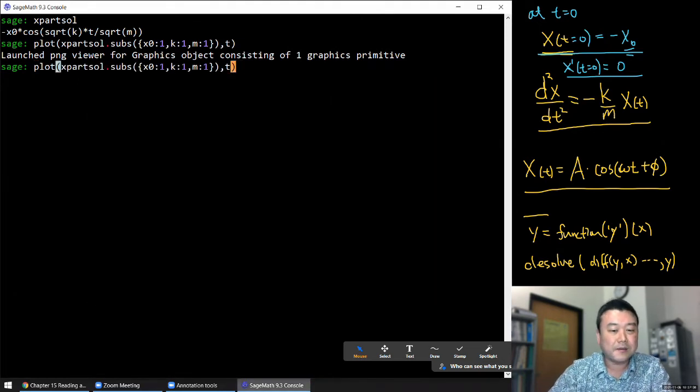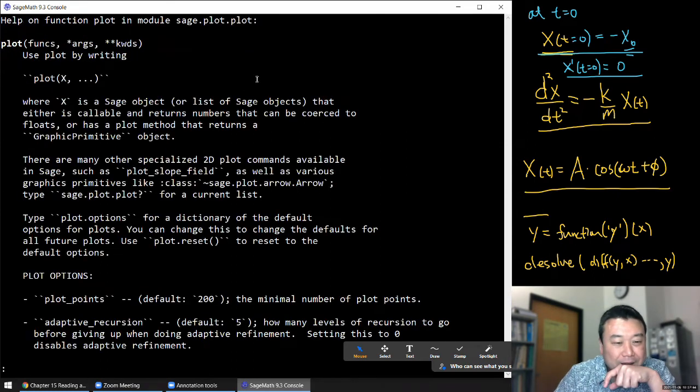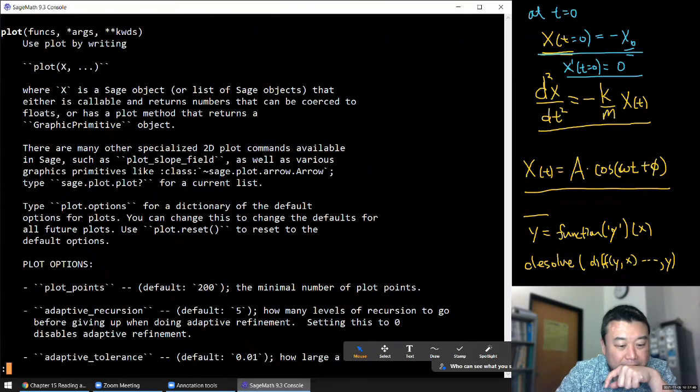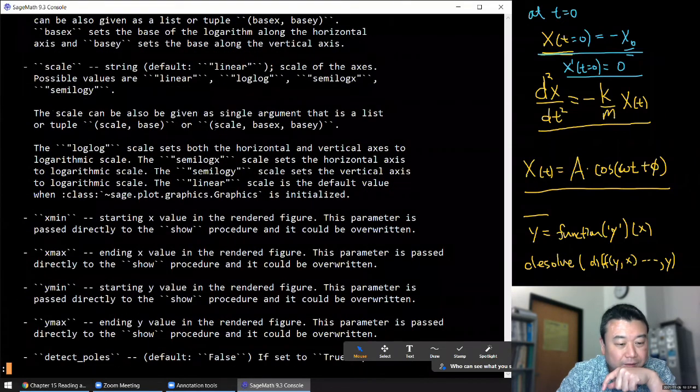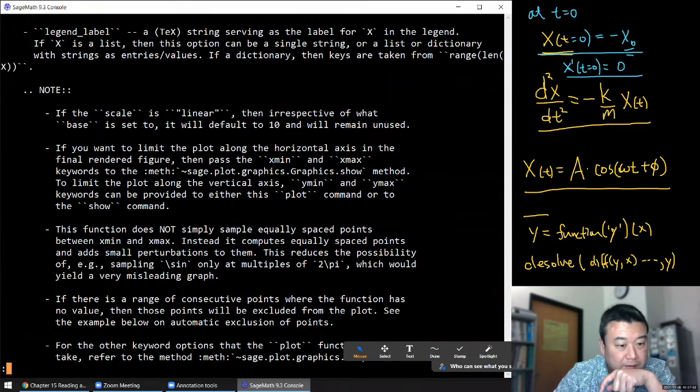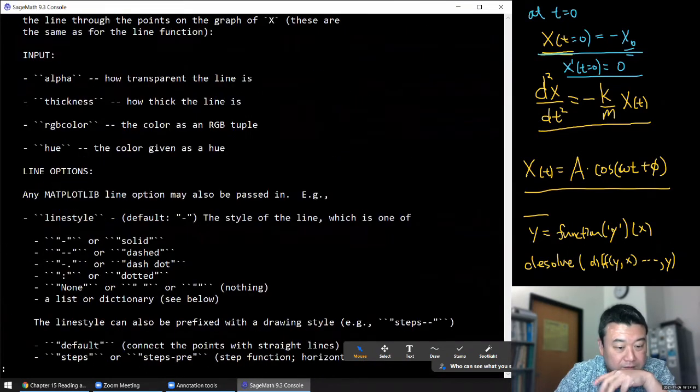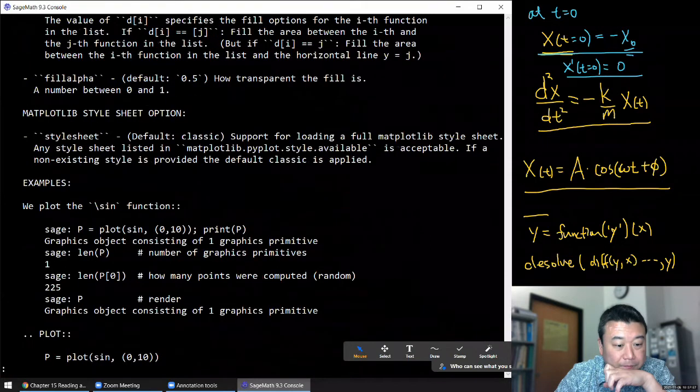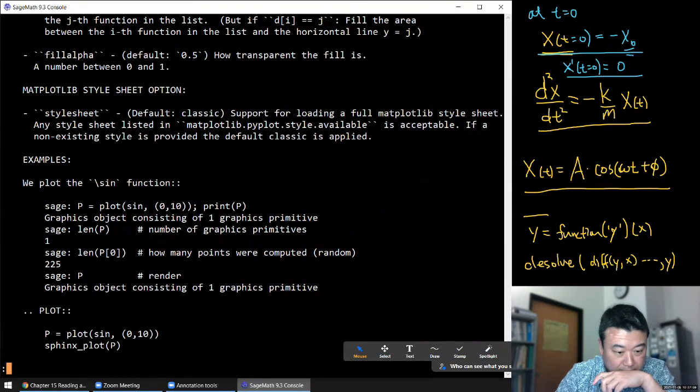Plot t. I don't know the syntax for plot, so let me look it up. How do I specify the x min and x max? Is there an example? Plot. There it is.